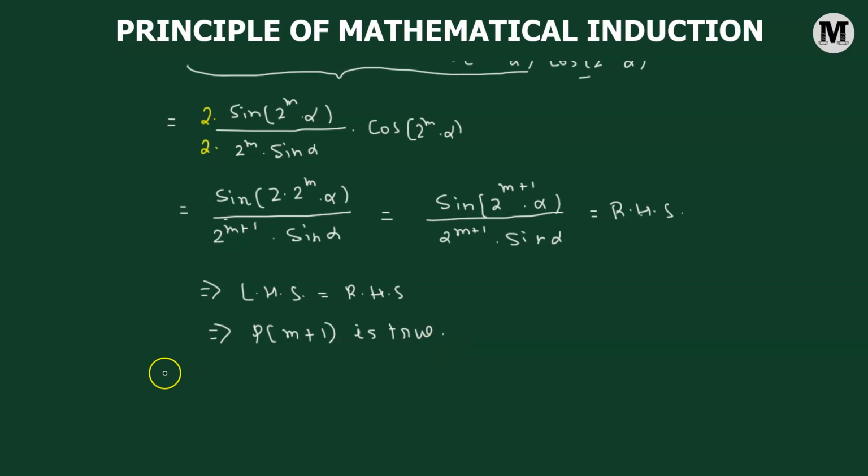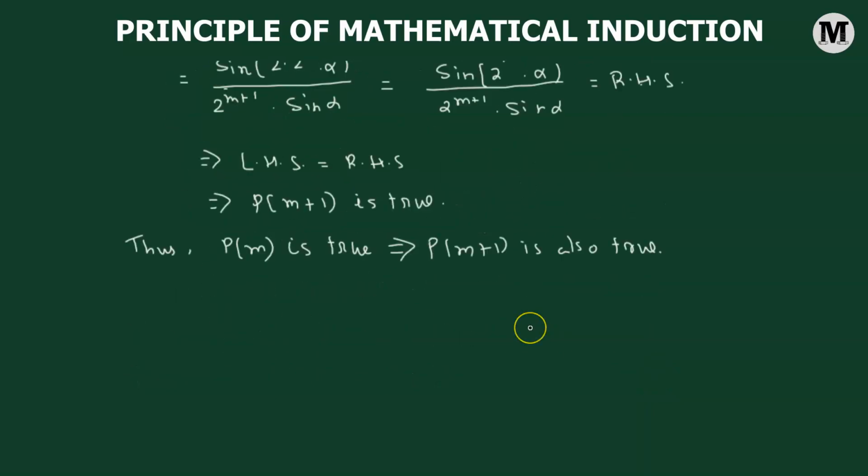So this means that we started out by assuming that p of m is true, and we were able to show that p of m plus 1 is also a true statement.